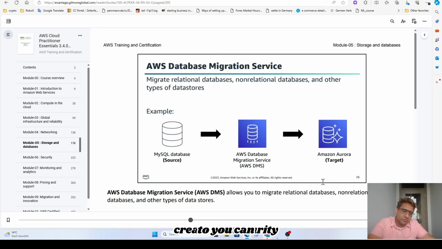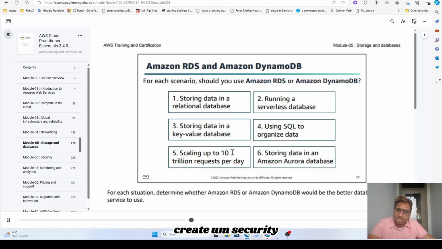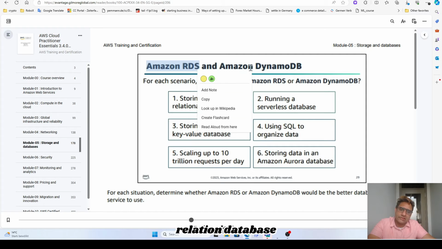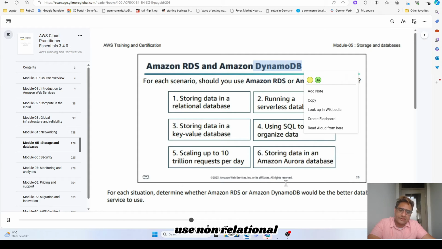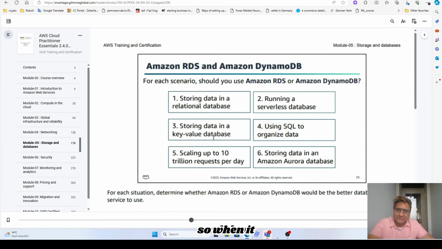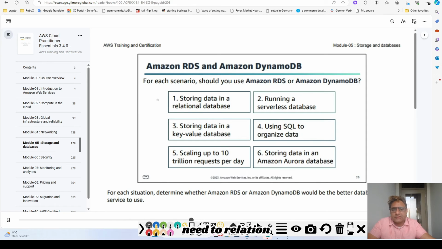Then it comes to the question of when to use a relational database and when to use a non-relational database. When it comes to storing data in a relational space, then definitely you need a relational database. Storing data in key-value pairs is non-relational, of course.